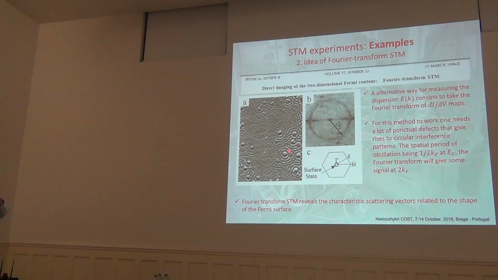However, if you have scatterers, then you have these scattered waves, okay? And now, if I look at this scattered image and I do a fast Fourier transform of it, I get characteristic scattering vectors that resulted in this image, okay?